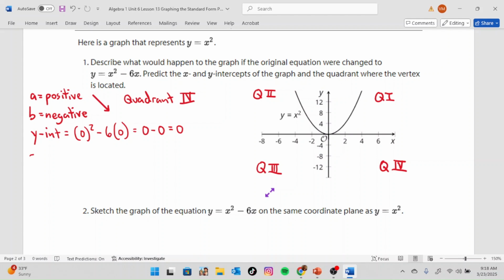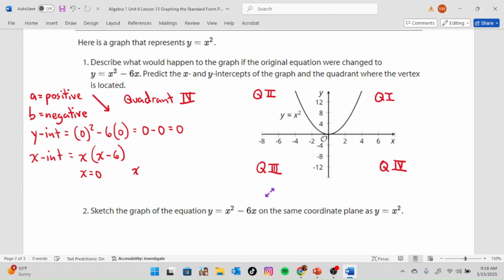To find my x-intercepts, I'm going to factor an x out of this, and it becomes x times x minus 6. If x equals 0, then I have an intercept at the origin.